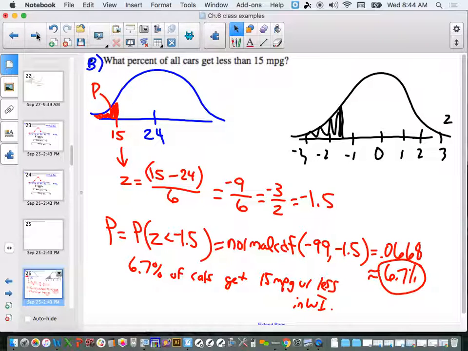We find the z-score, and then to find the percent, and this is the notation I want you to start getting used to, the p, the percent, it's actually a probability of getting a z-score in the normal model that's less than negative 1.5. Because that z-score is 1.5 standard deviations below.